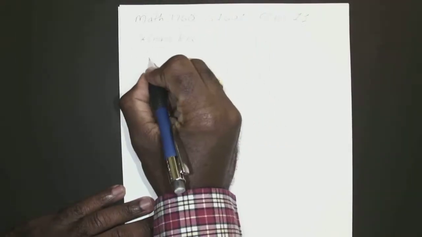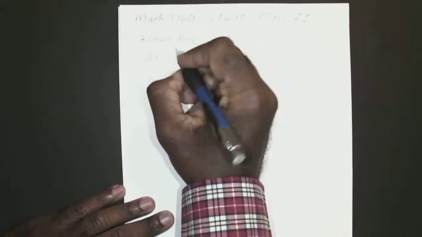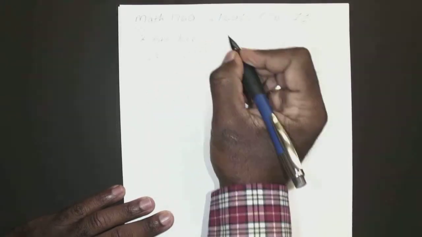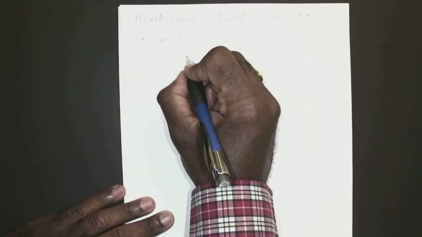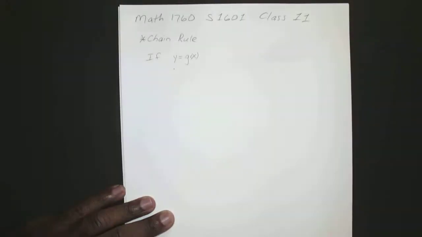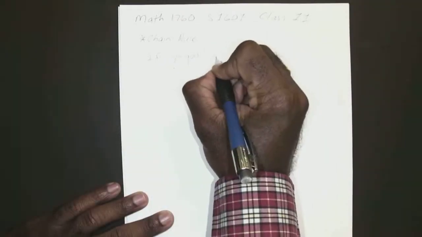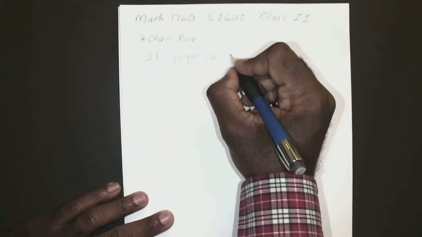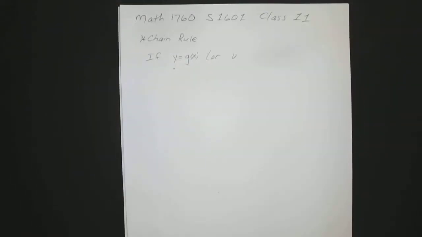So with the chain rule, let's say you have some function y equals g of x, or even if you decided to make it y equals g of u. So, we got an eraser.